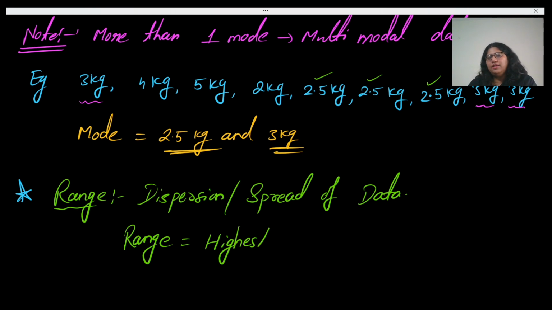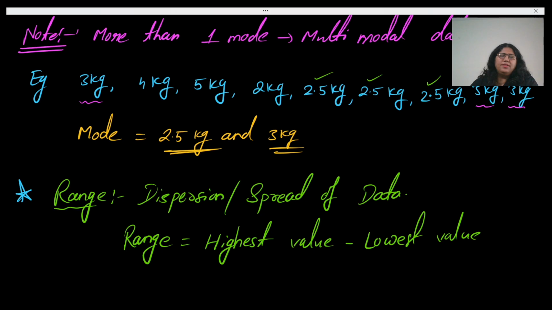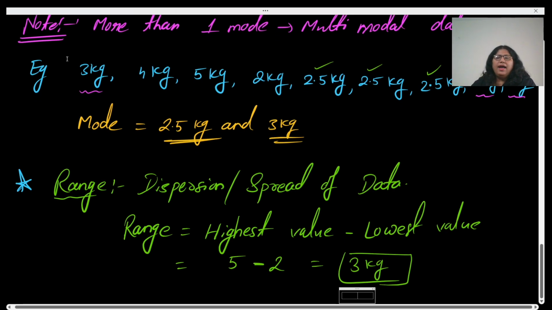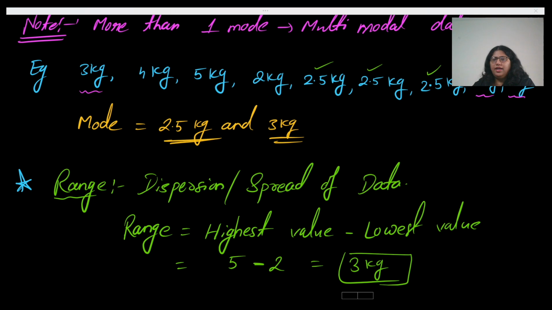Now if I take the same example, 3 kg, 4 kgs, 5 kgs, 2 kgs, what is the highest weight? It's 5 kg minus the lowest weight, 2 kg. So the range is 3 kgs, because the data is spread from 2 kg to 5 kg. That becomes the range of the given data.